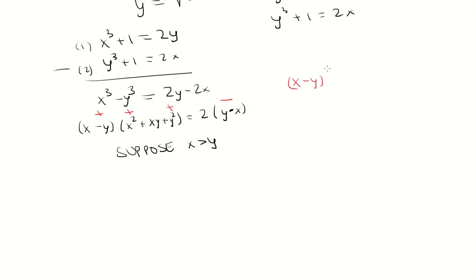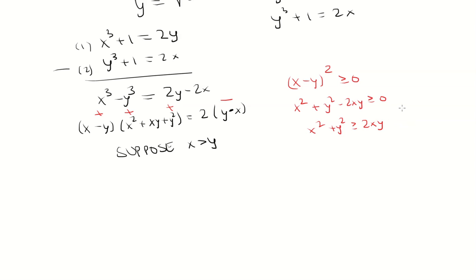Let's consider x minus y squared. We know that's greater than or equal to 0. When I expand this, it is still greater than or equal to 0, which means that x squared plus y squared is greater than or equal to 2xy.